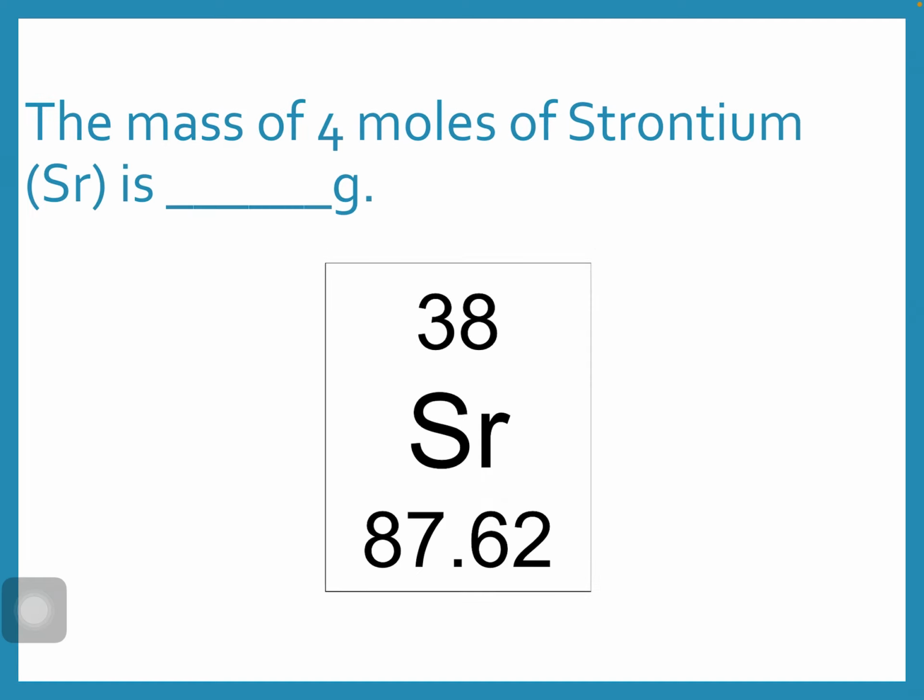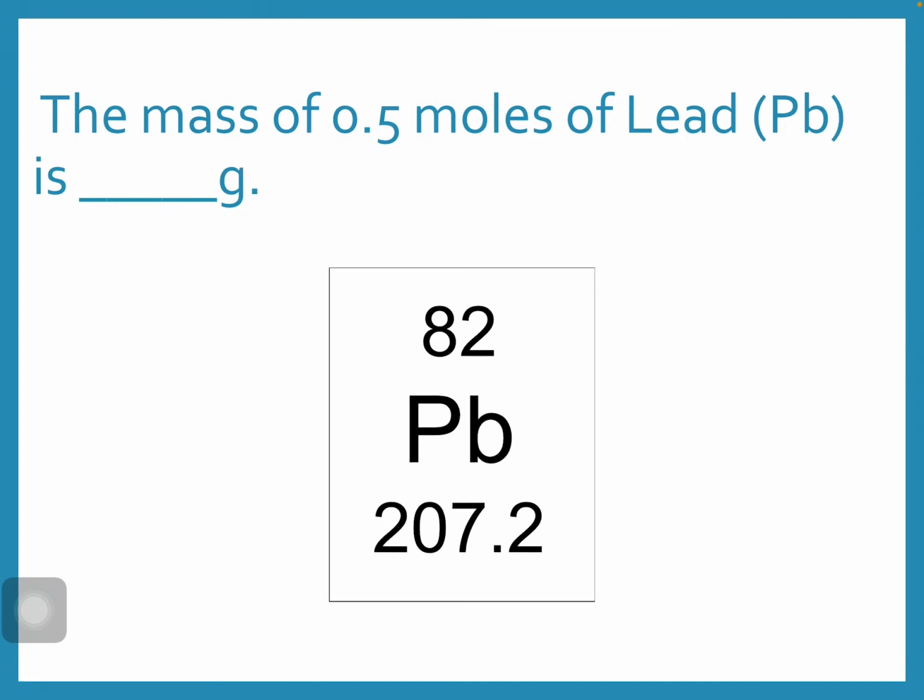For strontium, if I have 4 moles, this time I would take my atomic mass and multiply it by 4, and that's going to give me 350.48 grams. So the mass of 4 moles of strontium is 350.48 grams. The mass of 0.5 moles of lead, so this would be my mass per 1 mole.